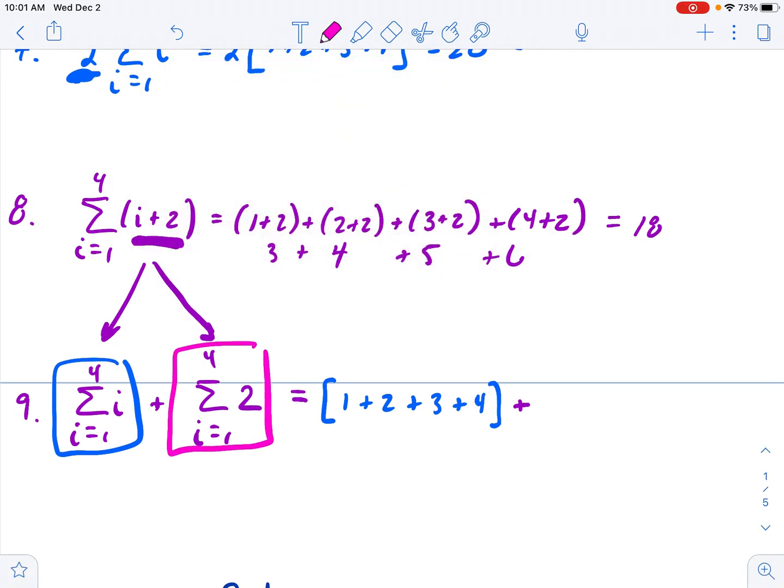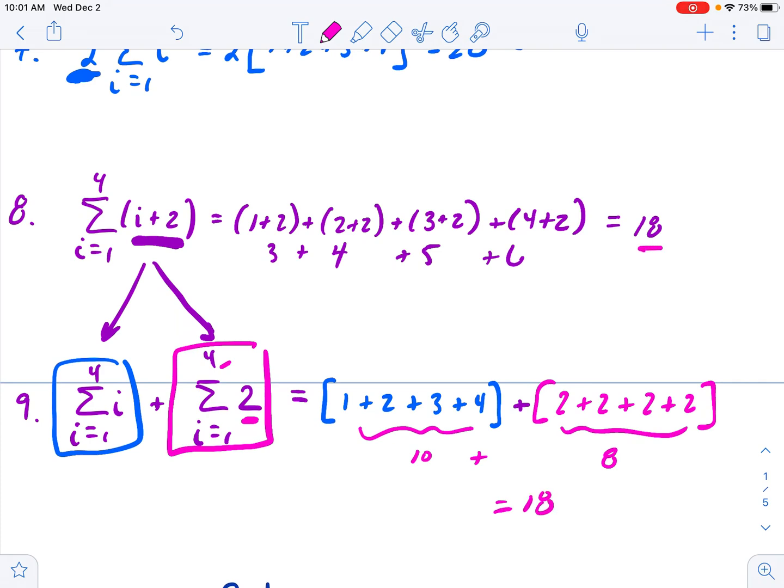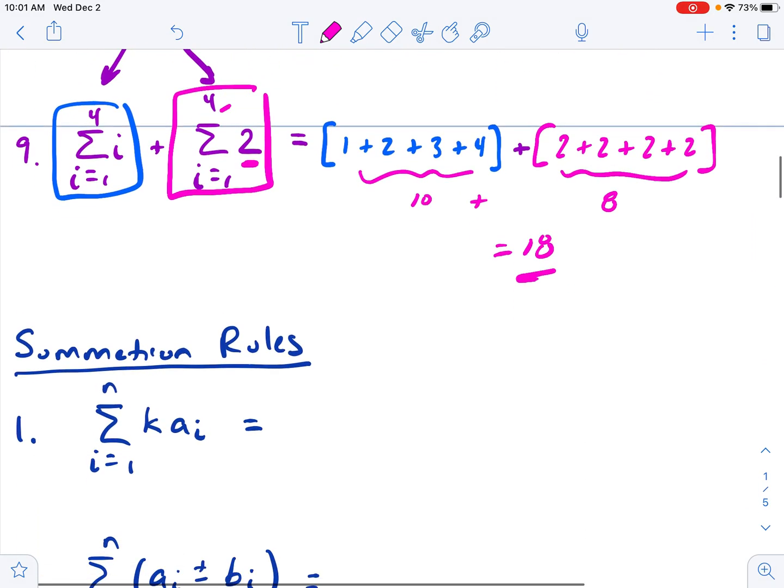Plus the second one, the summation of 2 as i goes from 1 to 4. We're going to add the number 2 four times. 2 plus 2 plus 2 plus 2. Well, if we add all this up here, we've got 10 plus another 8 is again 18. Notice that these two came out the same. Okay? And so that leads us to a couple of rules here.